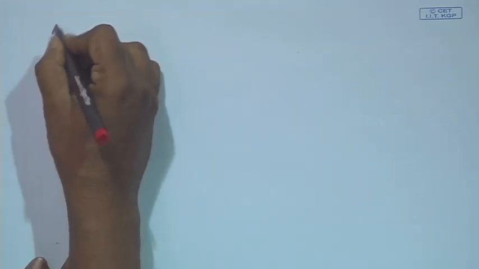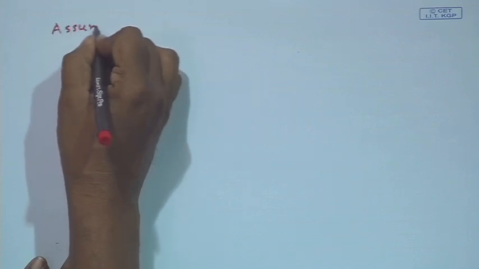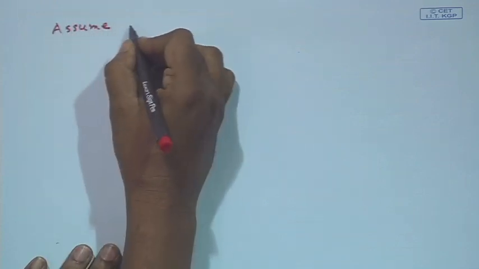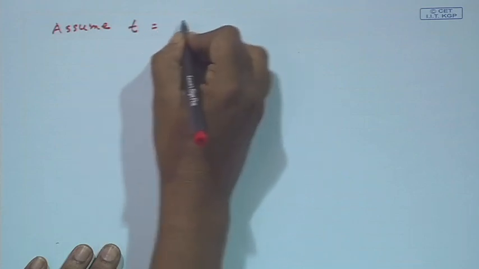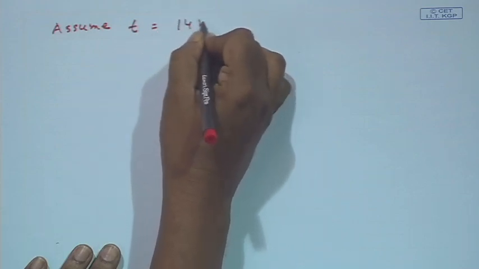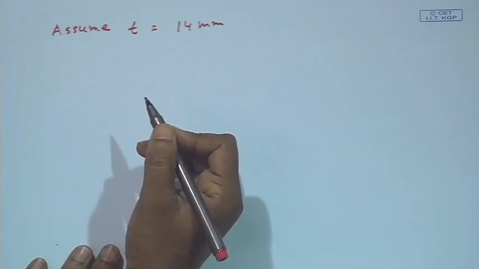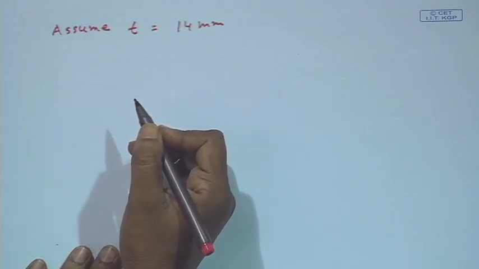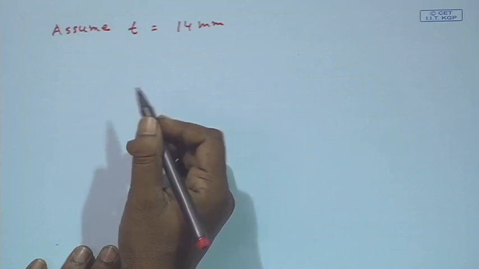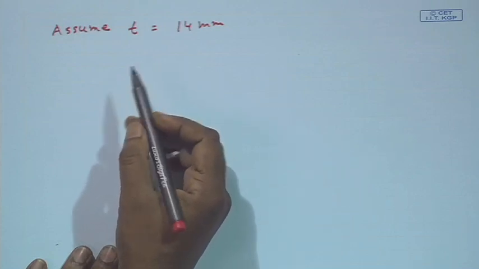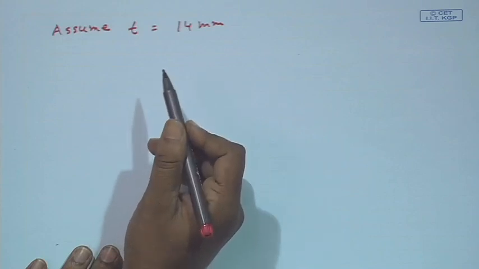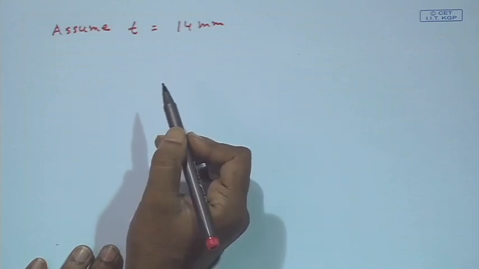So, these two we need to check. Now, because we do not know the plate thickness and plate dimension, we can assume any one of these, say for example, assume thickness of the plate as 14 mm. This is again a completely trial and error method: we have to find out the width from the assumed value of thickness, or the thickness from the assumed value of width.